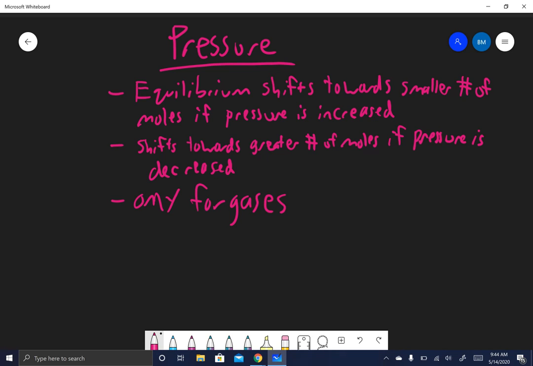That's a term I haven't really used too much in AP Chem, but it's way more common. When we say it shifts towards a smaller number of moles, that means it favors that direction. And if it shifts towards the greater number of moles, it favors that direction. So when you have a container or a flask, wherever these reactions are occurring, if you change the pressure on the entire container, these are the rules.